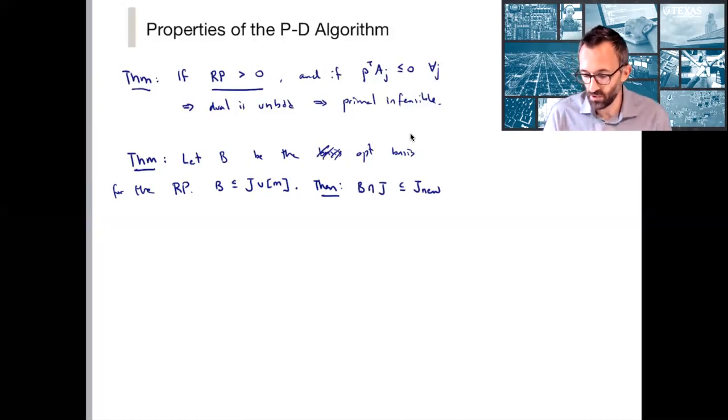So the simplex method is never going to terminate for restricted primal with a variable that's non-zero that does not remain admissible.